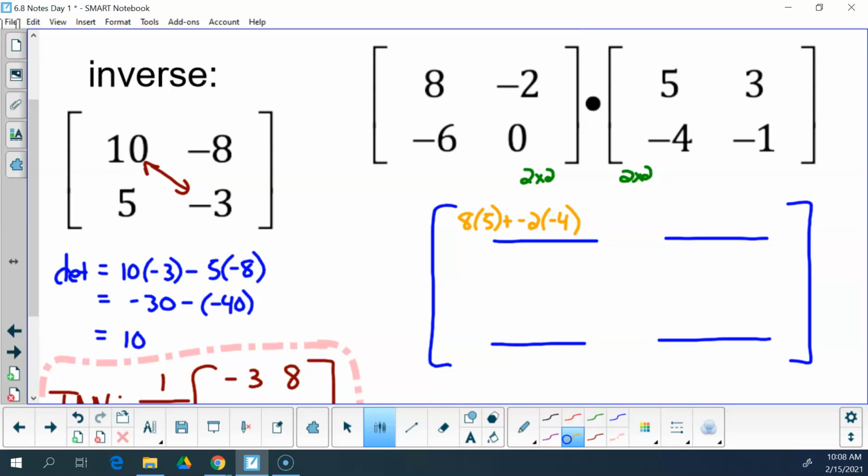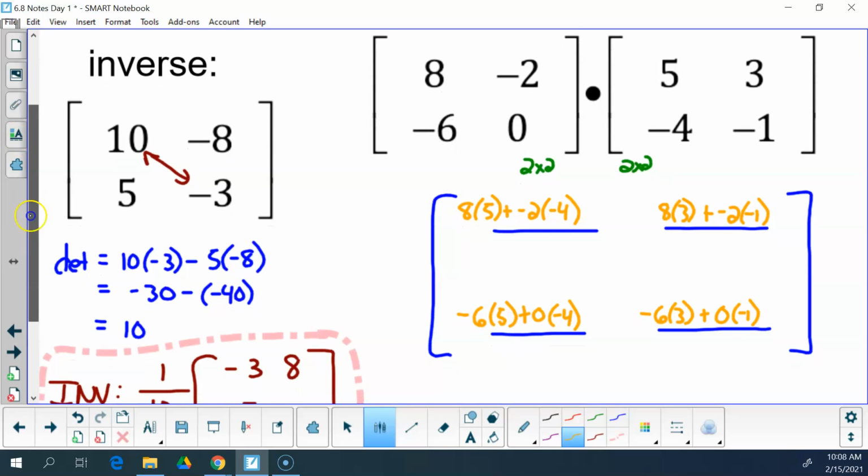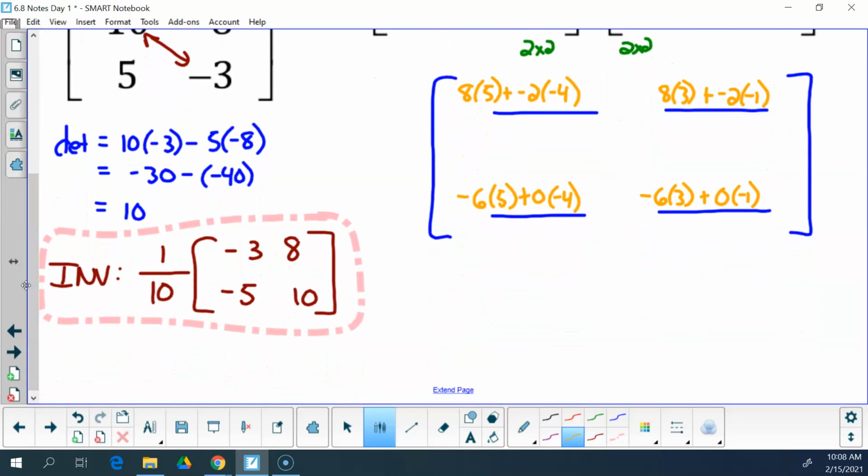First row times second column, 8 times 3 plus negative 2 times negative 1. Second row times first column, negative 6 times 5 plus 0 times negative 4. Second row, second column, negative 6 times 3 plus 0 times negative 1. That's going to give me the 2 by 2 matrix.